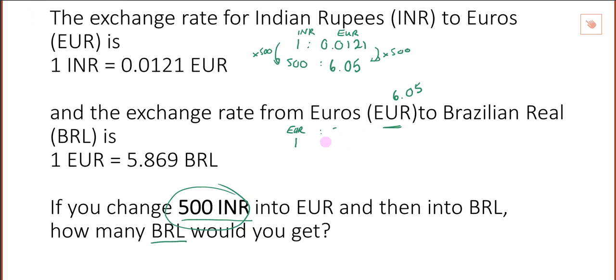1 euro is 5.869 Brazilian real. Now I know I've got 6.05 euros. So same process again. I'm just going to multiply by 6.05 both sides, and without doing any rounding, 35.50745.